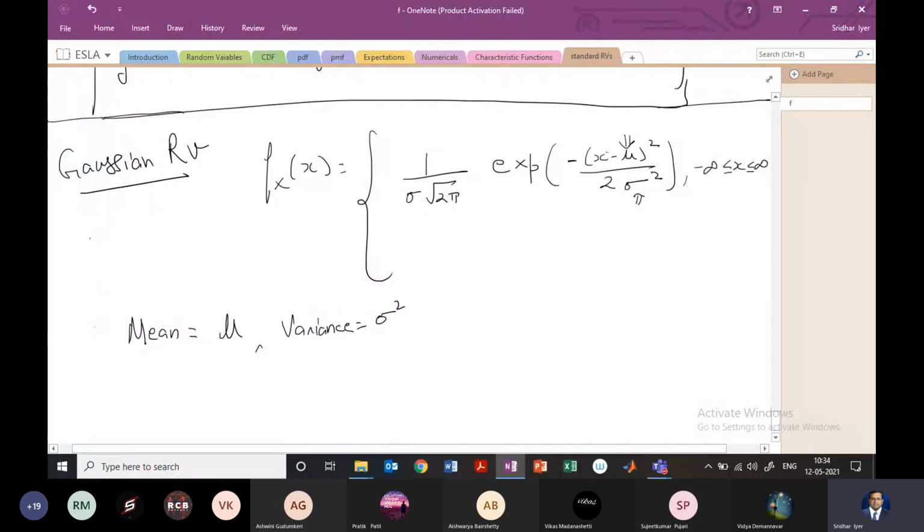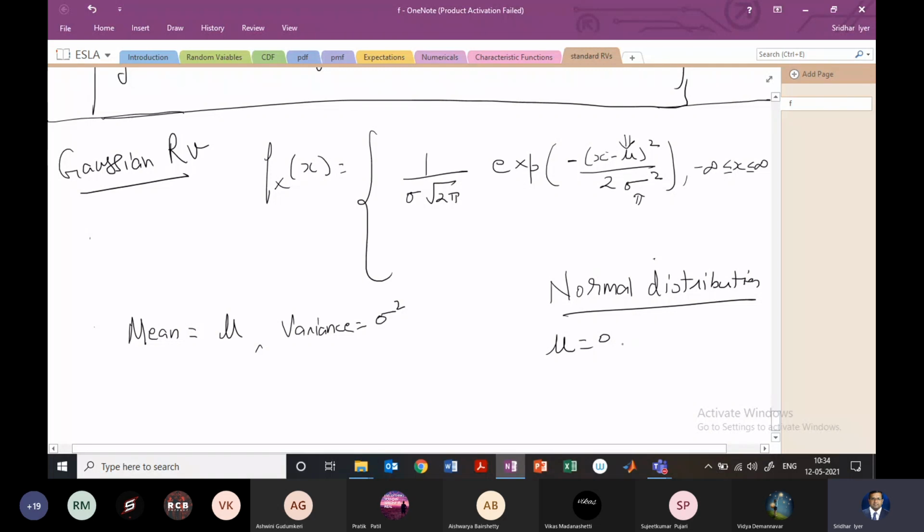Now this random variable is important because this Gaussian random variable converts into a normal distribution or normal PDF when the mean value mu is 0, right?